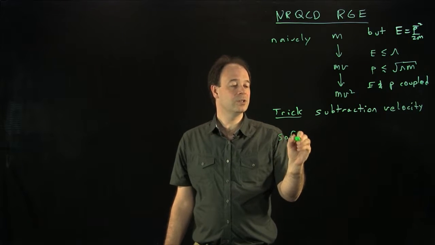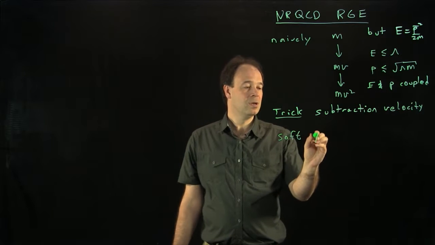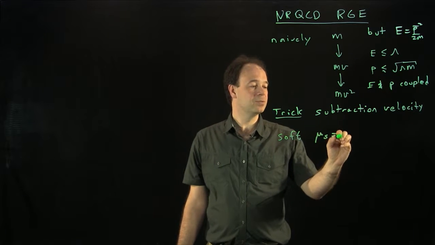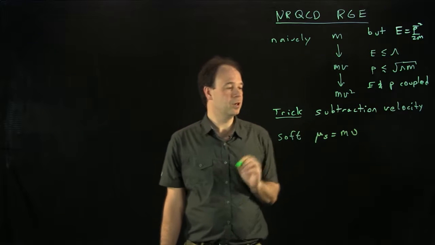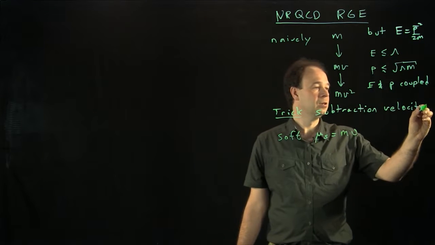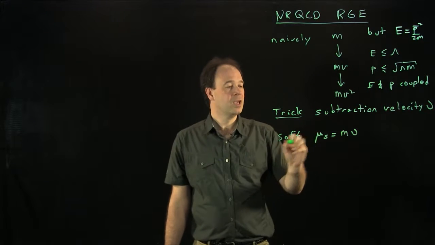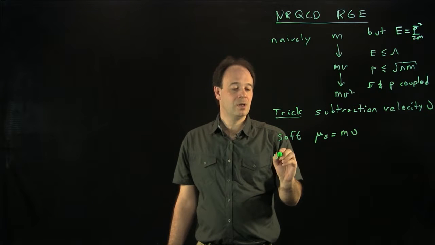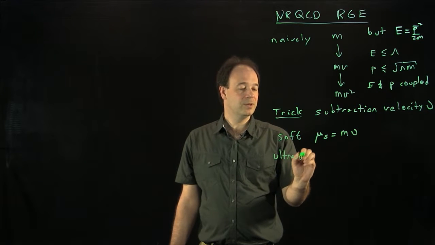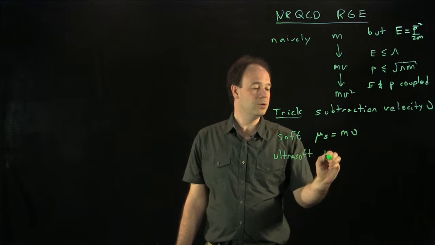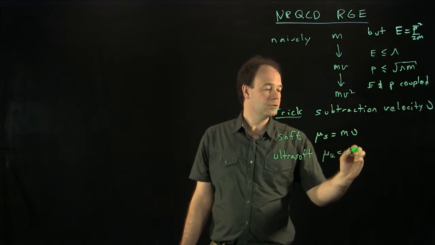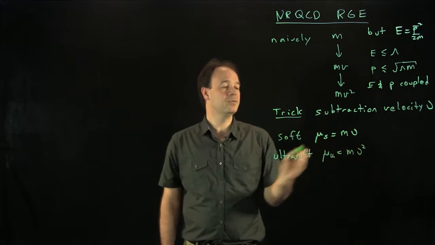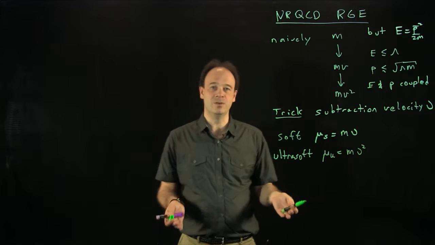So the way that this works is we think about having a mu scale for soft physics, which we can write in terms of another thing which we call nu, and that's the subtraction velocity, is nu. And then for the ultrasoft, we do something similar, except here we have a mu that's going to be m nu squared.